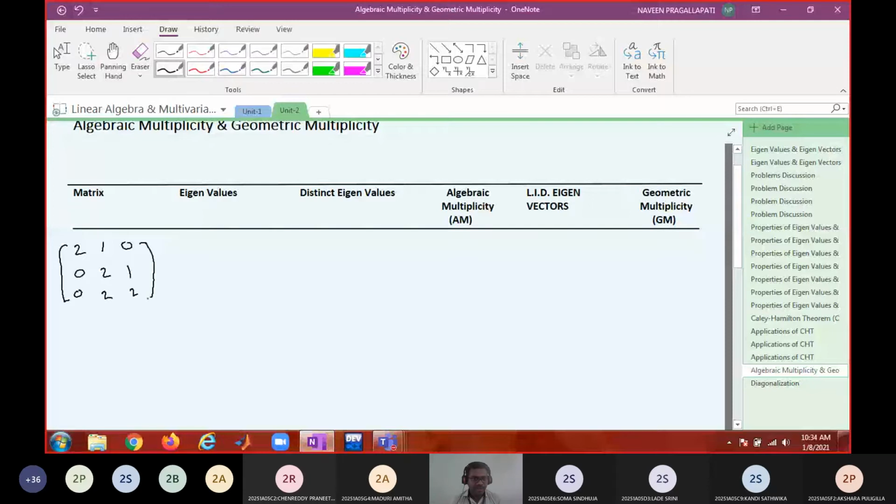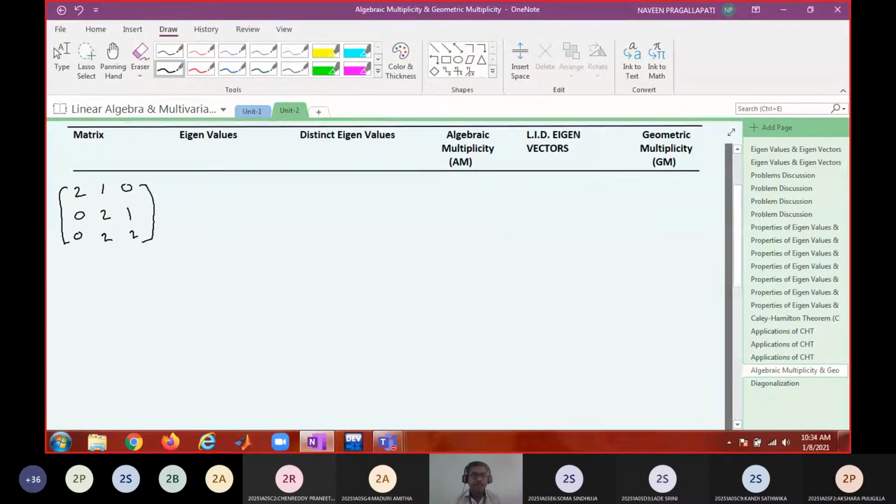What was the second matrix? 6, minus 2, 2; minus 2, 3, minus 1; 2, minus 1, 3.